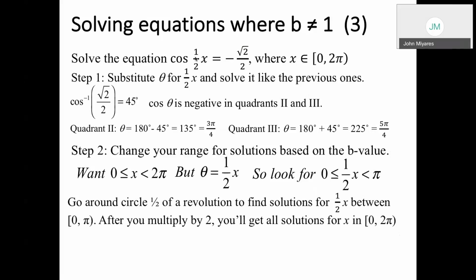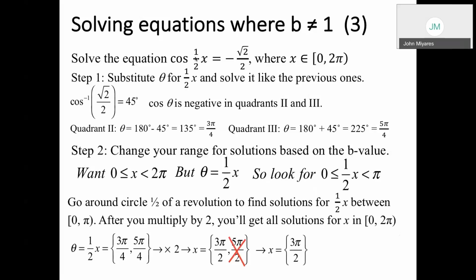If we didn't restrict this, if we had just said theta, or 1/2 x, equals 3 pi over 4 and 5 pi over 4 as our primary solutions, and we doubled those results, we'd end up with 3 pi over 2 and 5 pi over 2. If our values for x have to be between 0 and 2 pi, then 5 pi over 2 is going to be too big. So our final answer is just x equals 3 pi over 2.